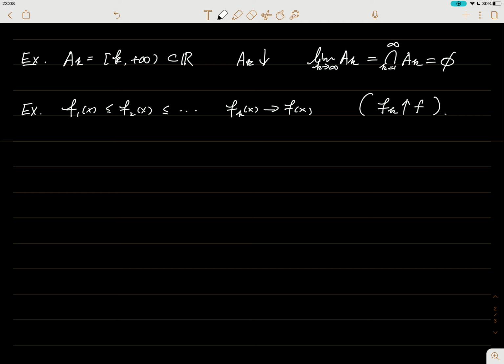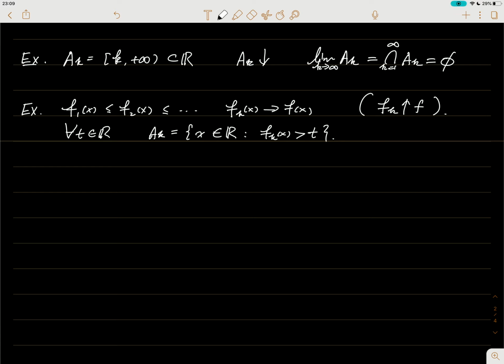Now for any t, let's say I define A_k to be the set of x such that f_k of x is bigger than t. This is just a collection that only depends on f_k, and it's all x such that f_k of x is bigger than t.